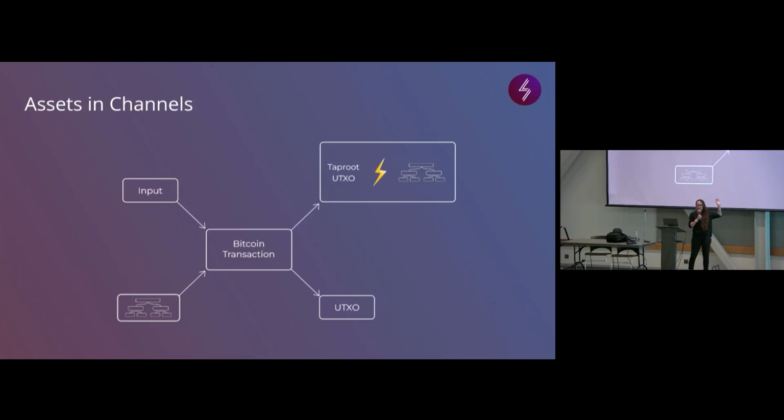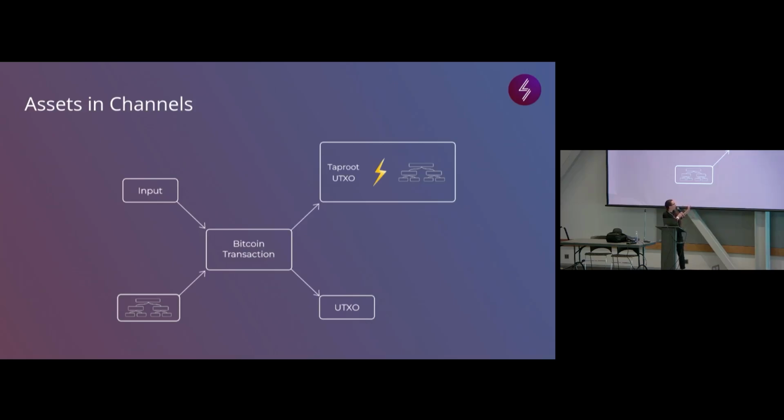There are Satoshis in there, of course, because we need to do on-chain operations in Lightning channels, and because bitcoind doesn't care about Taproot assets, it cares about Satoshis. So we have Satoshis in that channel, but we've essentially done that split transaction that we were just talking about. So maybe Alice doesn't want to put all her Alice bucks into this channel. She wants to put half of them, or whatever the case may be.